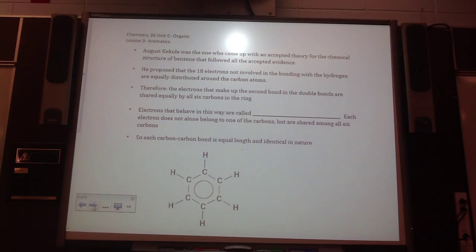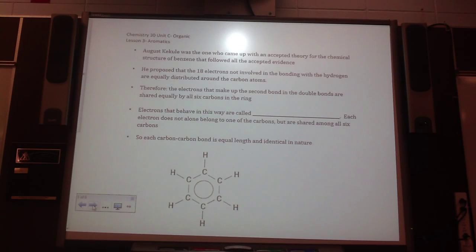It's like saying these electrons involved in the double bonds are passed around to all of the carbons all of the time. It's like taking these double bonds and making them go in a circle. They're not attached to one spot at one time. They go all the way around.